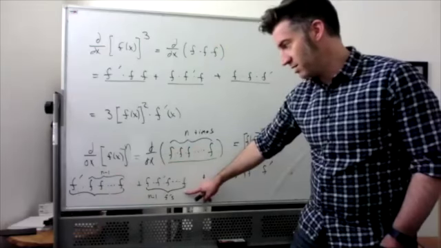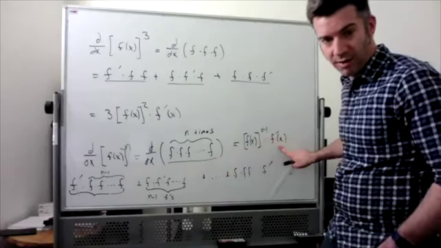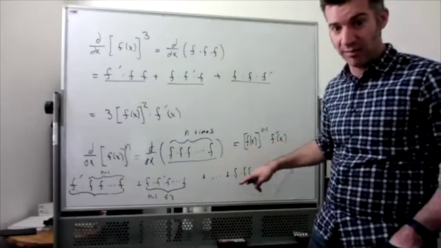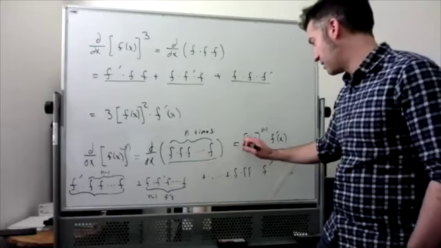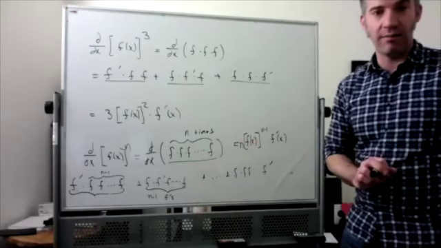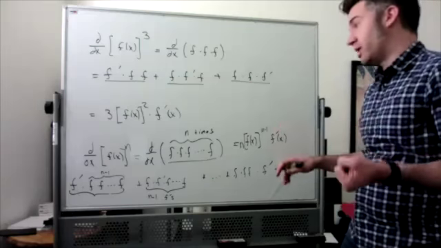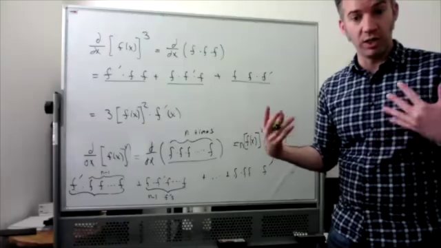The second one is the same thing, f of x to the n minus 1 times f prime. The third one is the same thing. The fourth one is the same thing. All the way to the nth one is the same thing. So I'm adding up the same thing n times. I get n times f of x to the n minus 1 times f prime of x, which is the power rule version of the chain rule.